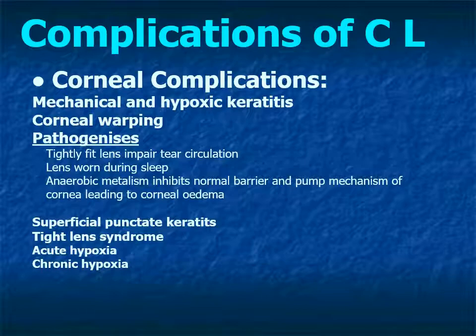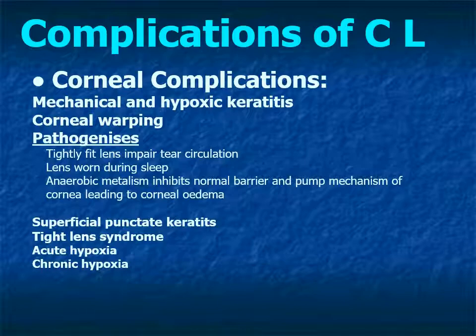The different complications of the cornea by contact lens wear are mechanical and hypoxic keratitis. The oxygen transmission through the contact lens may be insufficient, particularly in a tightly fit contact lens, which does not move with the blinking. So it impairs tear circulation under the lens, particularly when the lids are closed or the lens is worn during sleep.